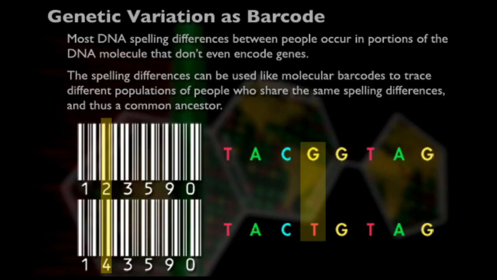If they share it, of course they came from a common ancestor. So these spelling differences can be used like molecular barcodes to trace different populations of people who share the same spelling differences. This barcoding is important to trace the history of that organism.